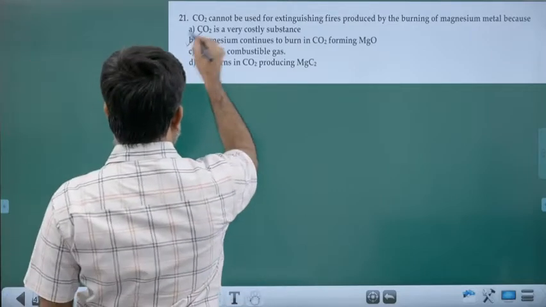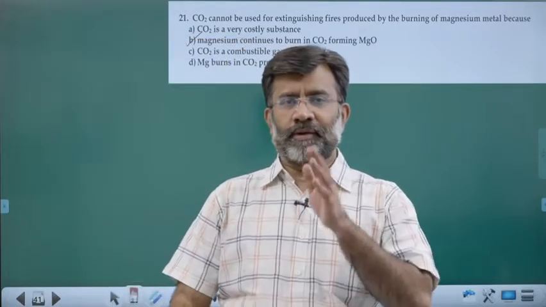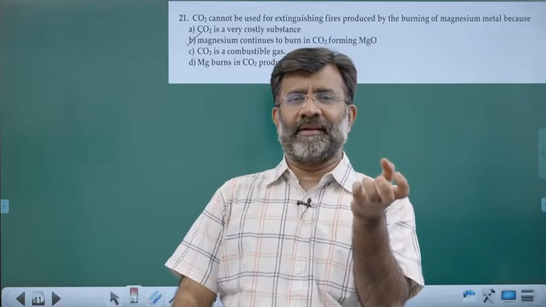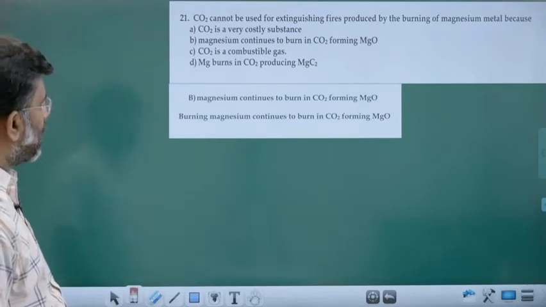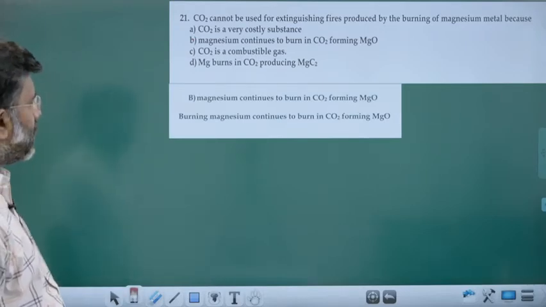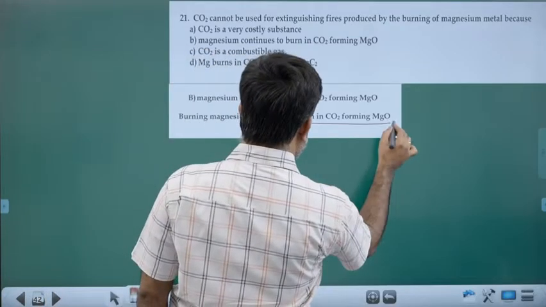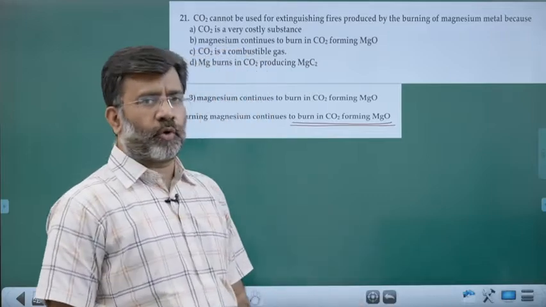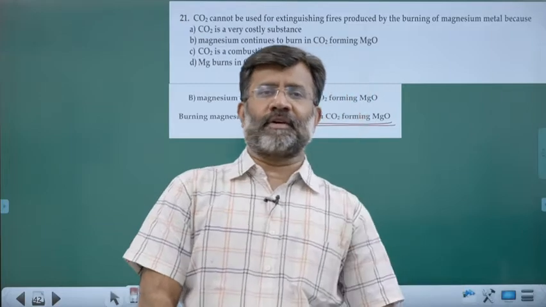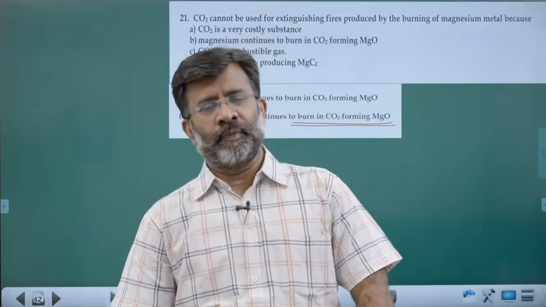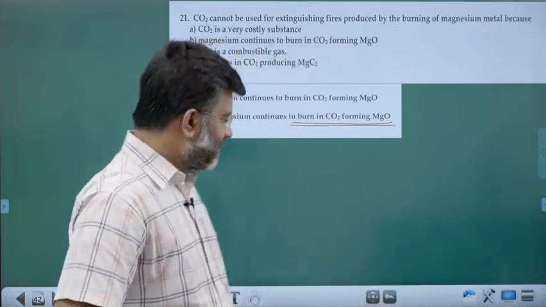Option B. Using the oxygen of carbon dioxide, magnesium will be converted to magnesium oxide. Burning magnesium continues to burn in carbon dioxide, forming MgO. It will abstract oxygen from CO2 and be converted to MgO. I don't have to tell you, MgO is a highly exothermic, stable compound. Okay, next.